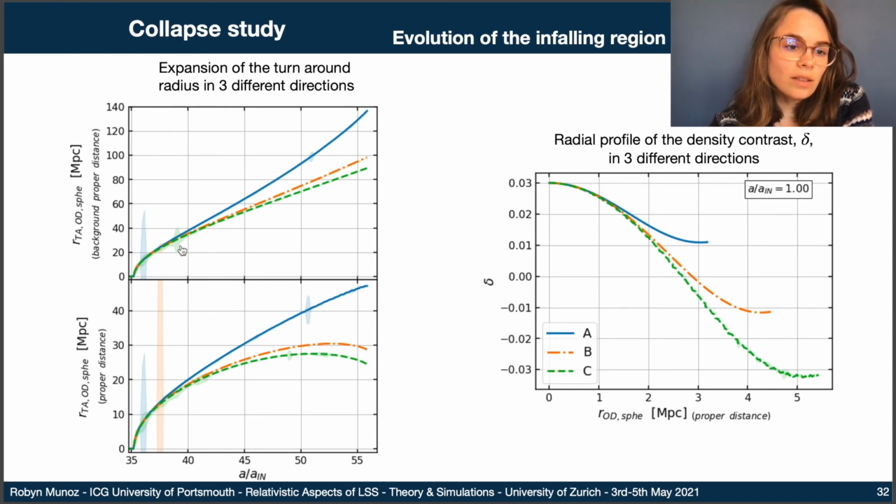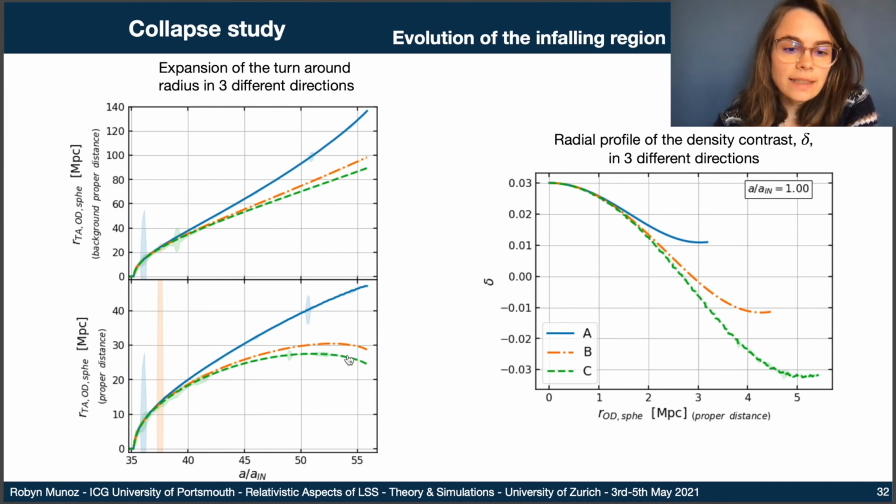And so this is the background proper distance, but because each grid position in the simulation box has an associated metric, you can use that to calculate the proper distance. And this is what is presented in the second plot. So here you have again a turnaround radius, but in proper distance. And you see that you have the same behavior, but the overall expansion is not as great because the metric is perturbed as well.